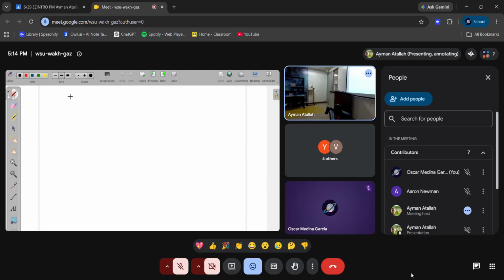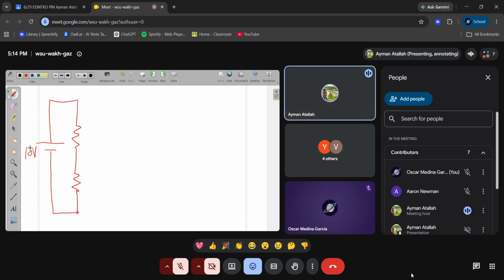Okay. So let me tell you, if you have these two resistances here, and let me have 10 volt here. If you bring your multimeter to measure the volt, and this is 1K, and this is 1K, what is the voltage between these 2 points?